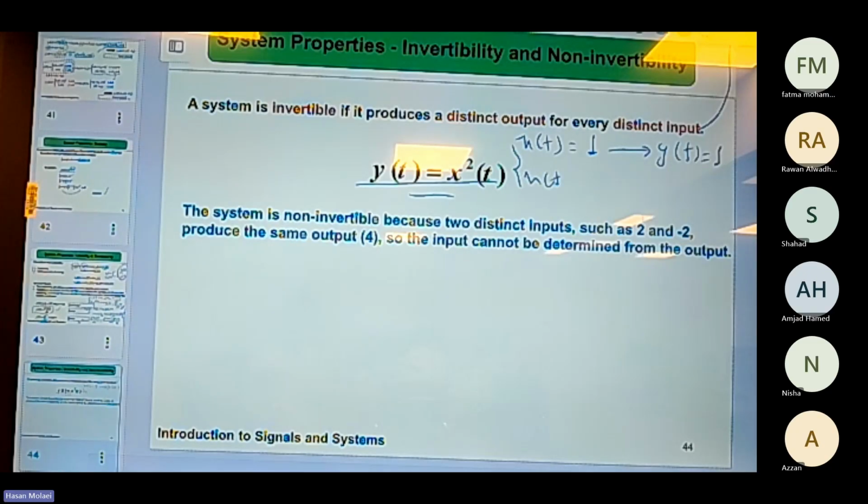If I apply x equal to -1, the output would again be 1. So if you see an output of 1, you cannot find x. Which means it is not invertible. Invertible means for any input you should have only one output and vice versa.